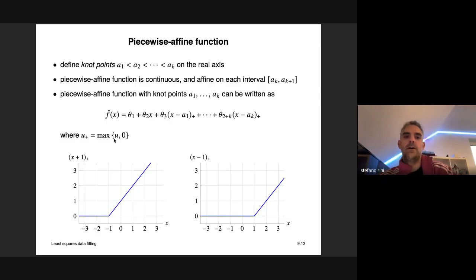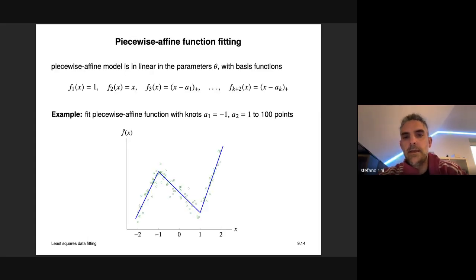And we take the function u, which is the max between u and x and u and theta, and this is the usual ReLU. The ReLU and its mirrored version have this nice formulation so that you can write the affine function as follows: f1 of x will be equal to 1, f2 of x will be this, and f3 of x is this, and so on and so forth.